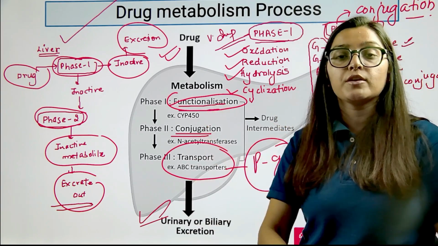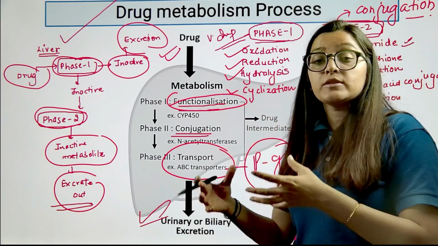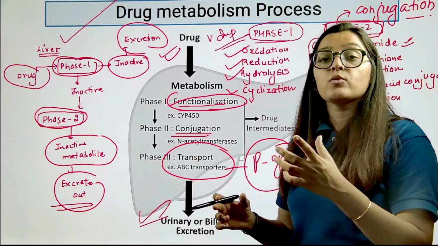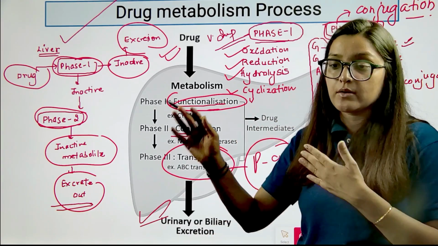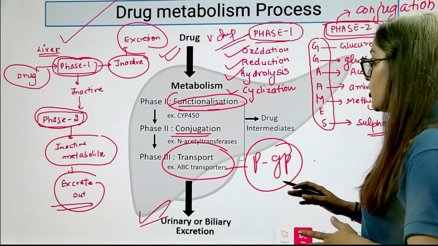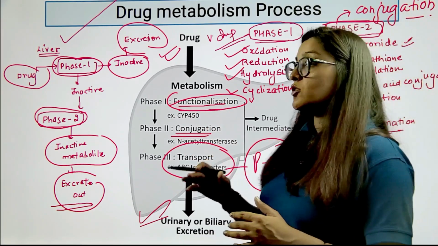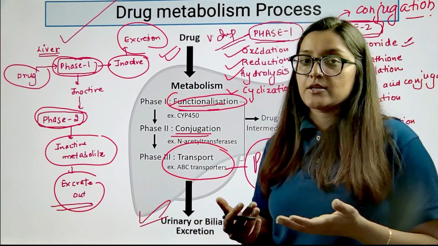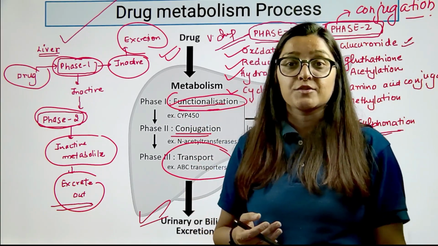They throw your drugs out so that they do not show their action. They pump it out as a foreign body or toxic compound and try to flush it out of the cell or the organ. So these transporters also try to minimize the action of the drug and make it a hurdle. They can be a reason for chemo resistance as well, right?